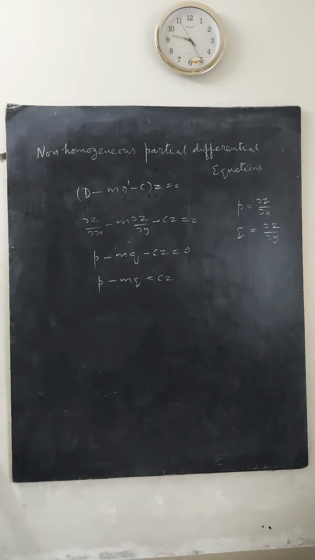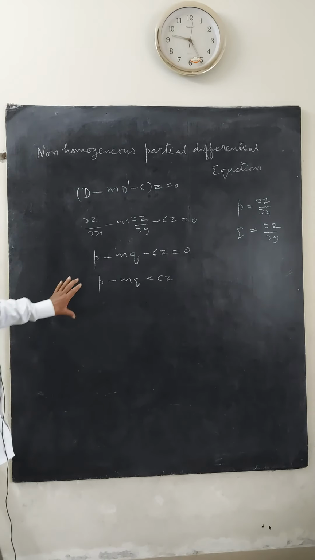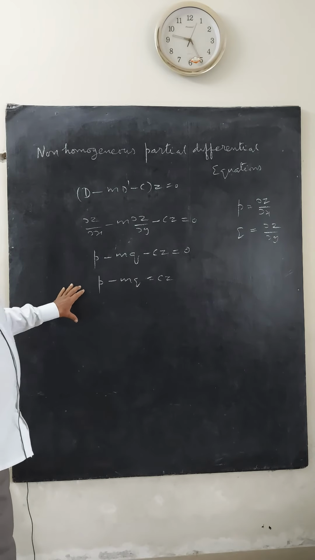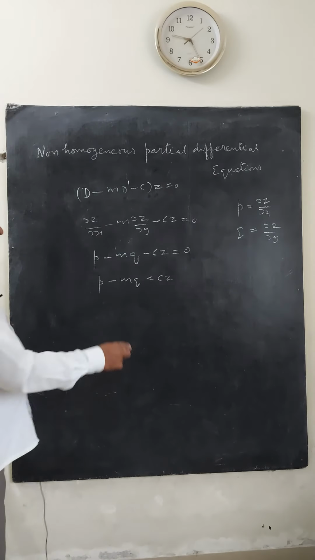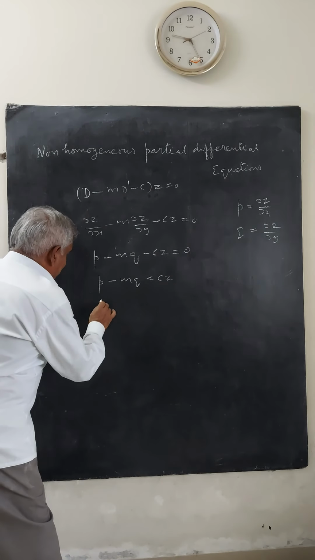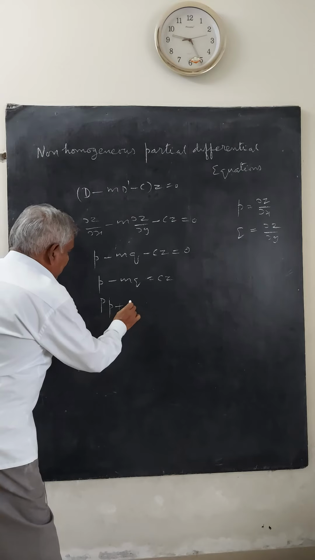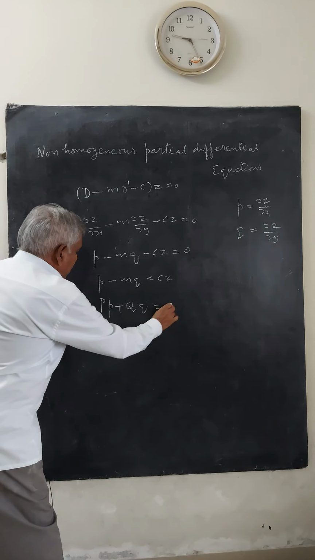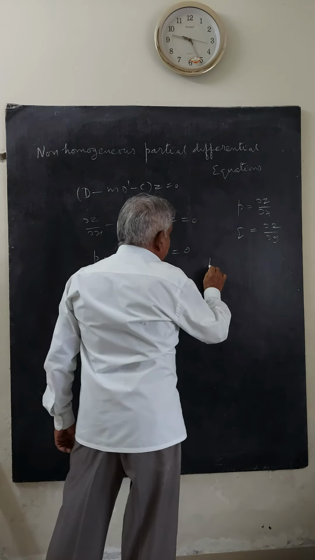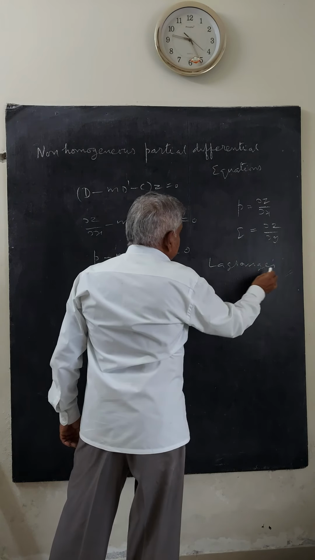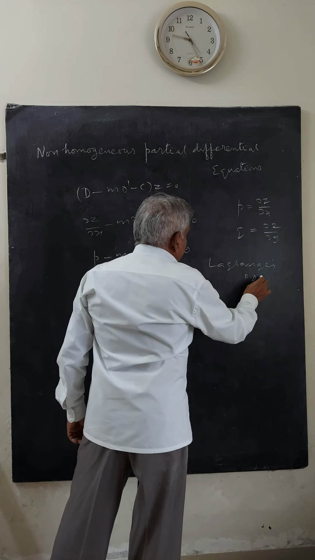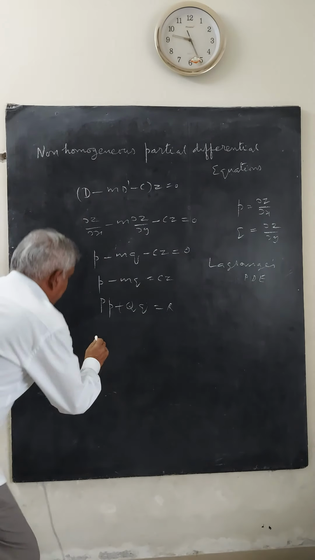We have to use Lagrange's PDE in this initial step. By fixing a regular step, we are doing all non-homogeneous differential equations. Lagrange's equation is Pp plus Qq equal to R, which is the Lagrange's PDE.